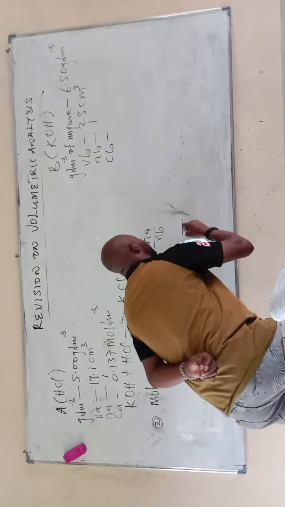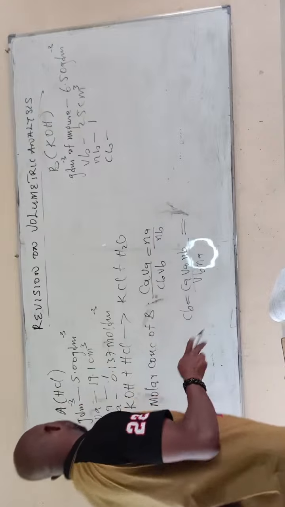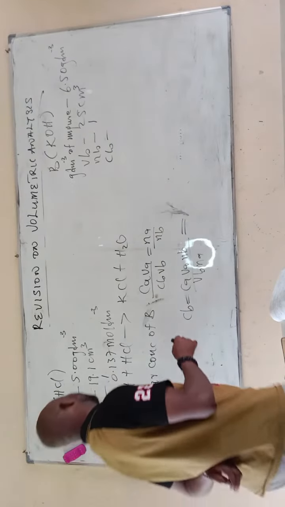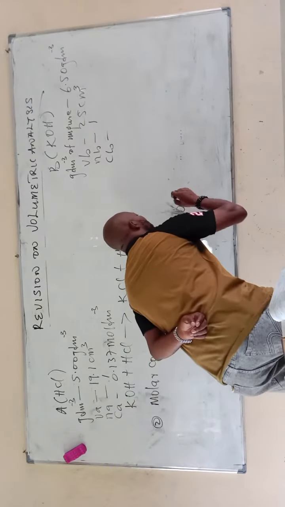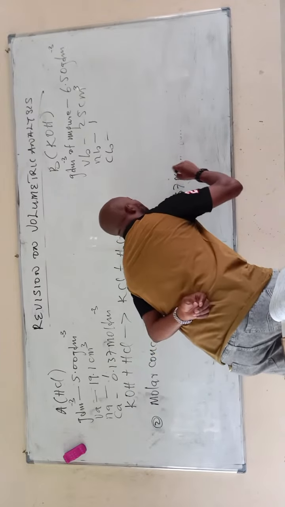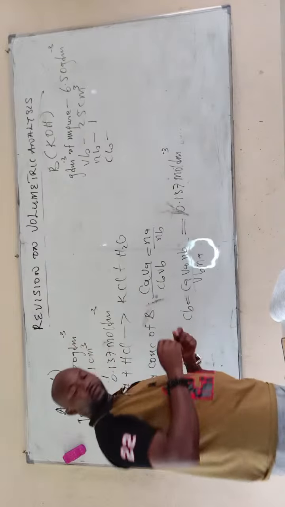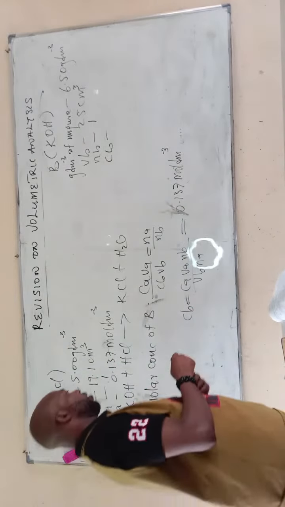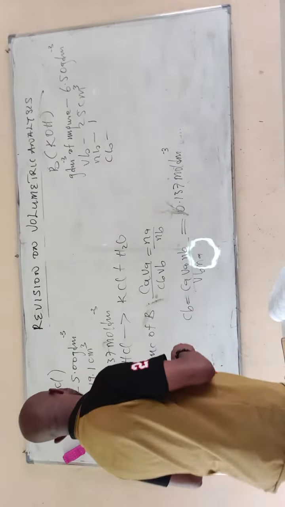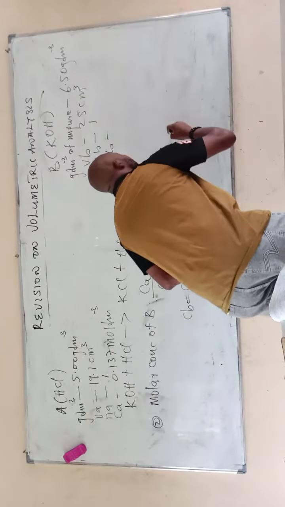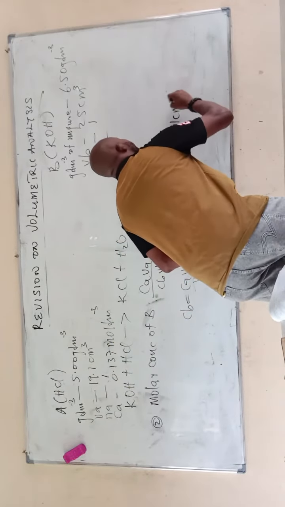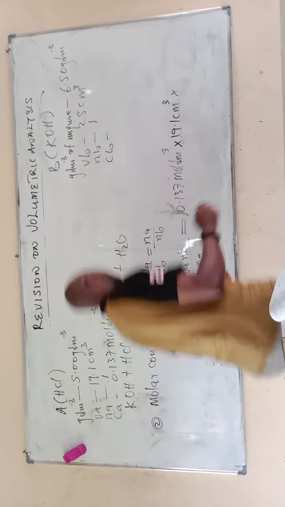The concentration of the acid is 0.137 mole per dm³. The volume of the acid is 19.1 cm³.